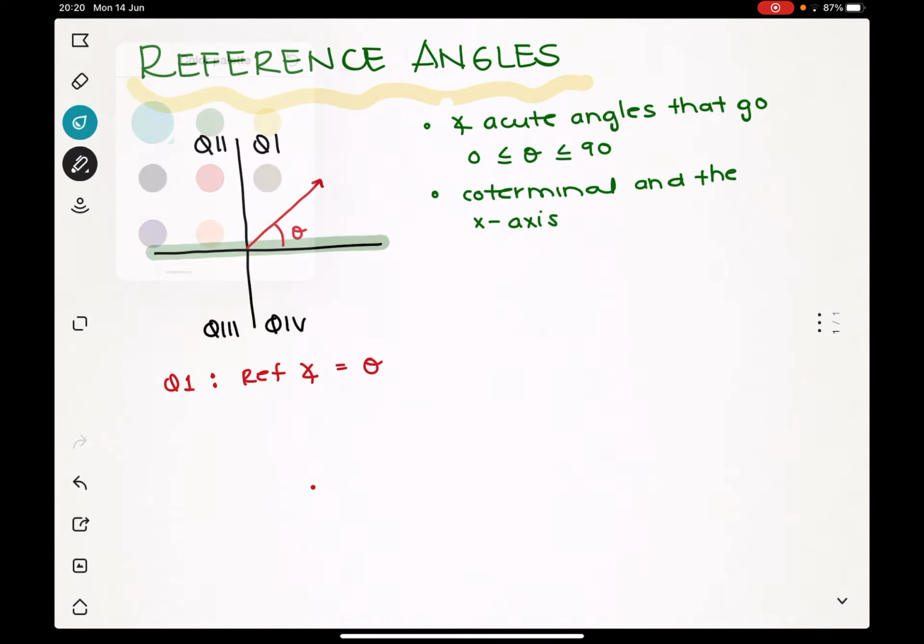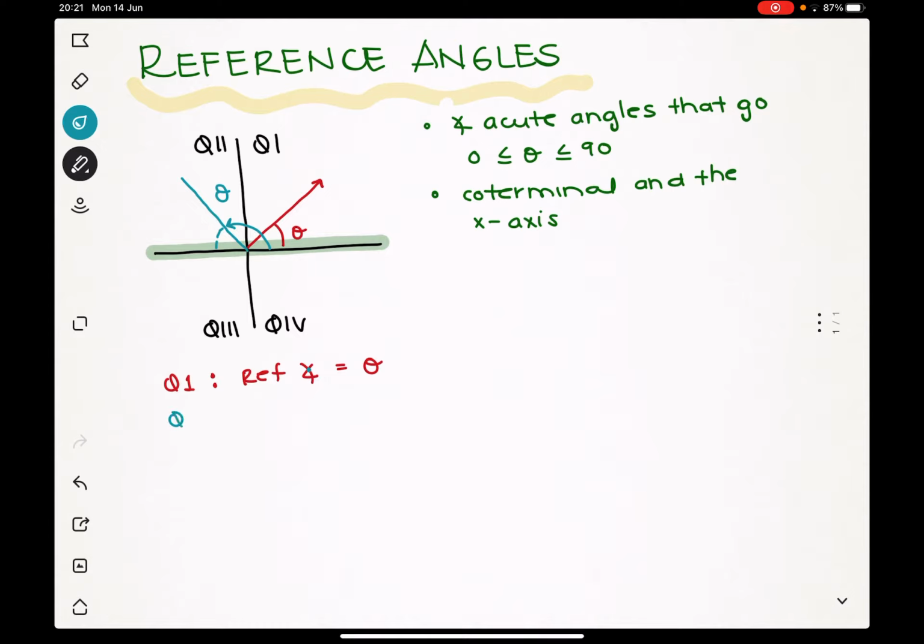If we go to quadrant 2, and in quadrant 2, we have this angle right here, and this angle, we can name it theta, but in blue. In quadrant 2, my reference angle is going to be this angle right here. This angle right here, it's going to be exactly the same as the other one.